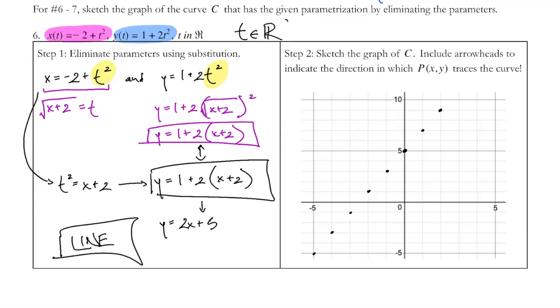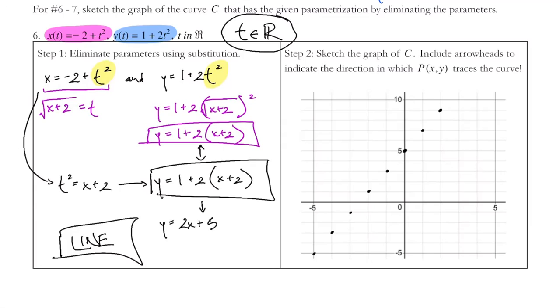Now, how many points should I plot? Yeah, it is all real numbers, meaning every single number, as long as it doesn't have an i in it and it's not imaginary, I could plot.